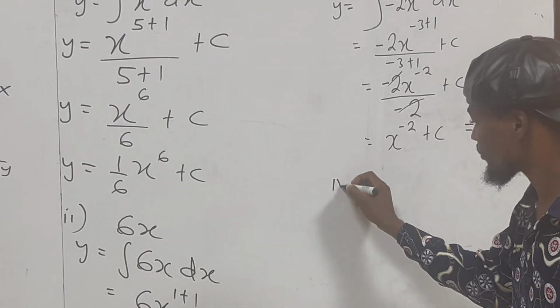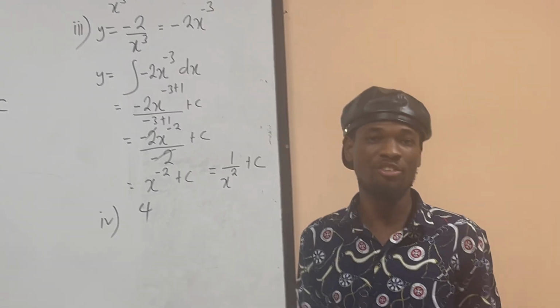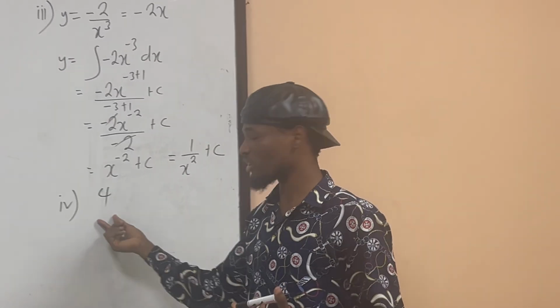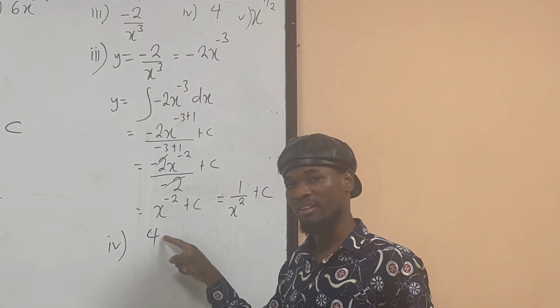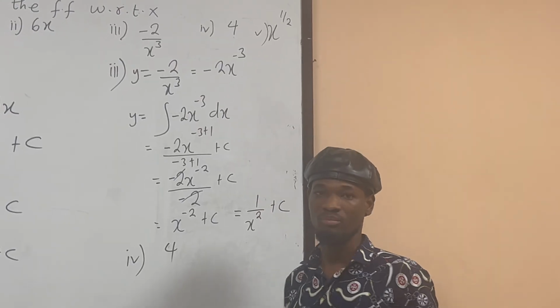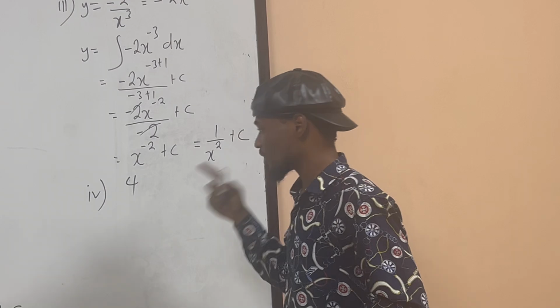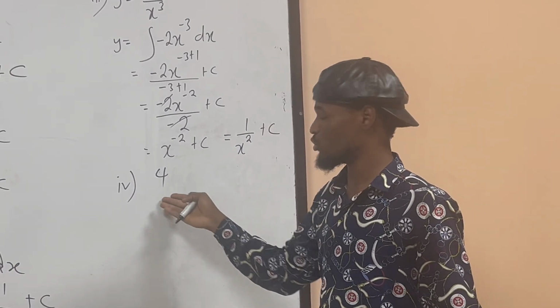Now I have the fourth one to be 4. Now the trick is this. Whenever you integrate a constant, you will have the constant, then the variable attached to it. So remember that. So clearly the answer is 4x, but let me prove why.